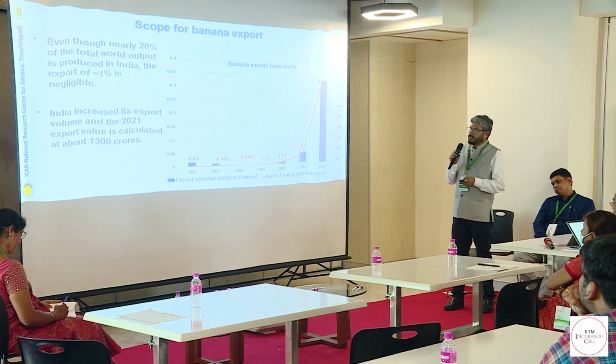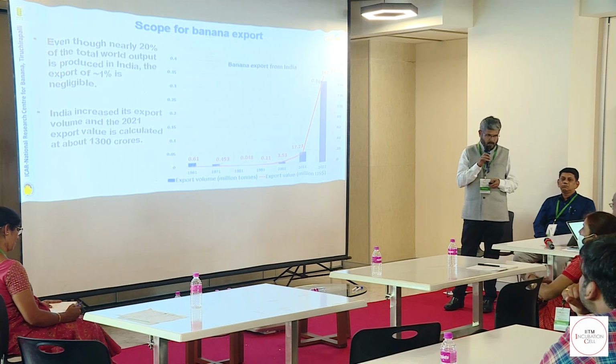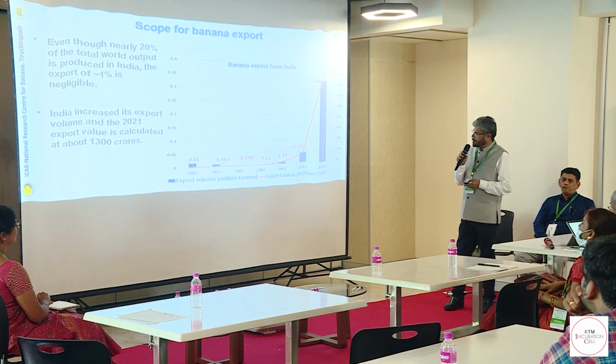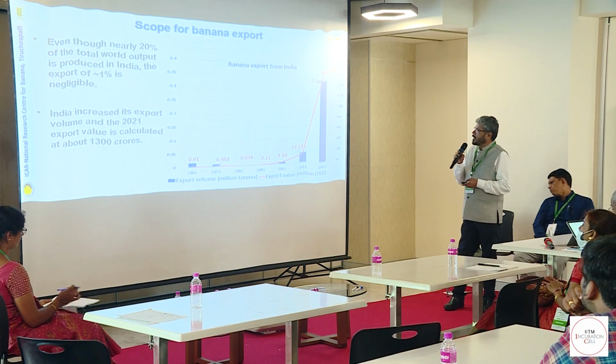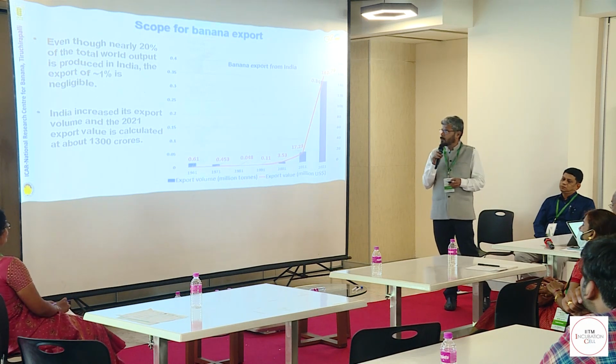Per capita availability is 65 gram per person per day. We are aiming to produce 100 gram per person per day. And in the last decade, we have increased the banana export.